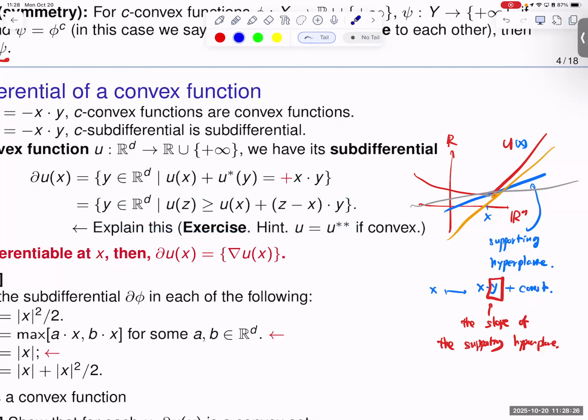of subdifferential. But if you think about it, such a set of y is exactly the same as those y's that saturate the inequality, the Young's inequality. Those y that saturate this Young's inequality are exactly the same y giving the slopes of the supporting hyperplane.